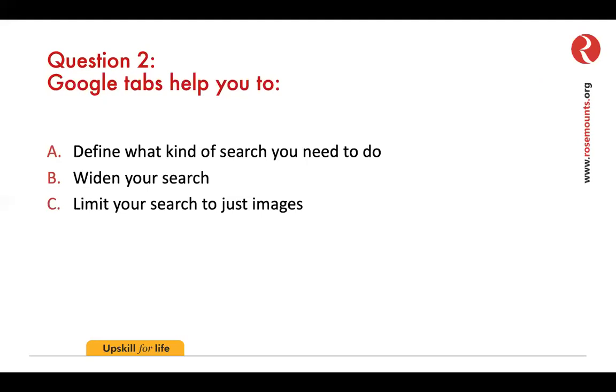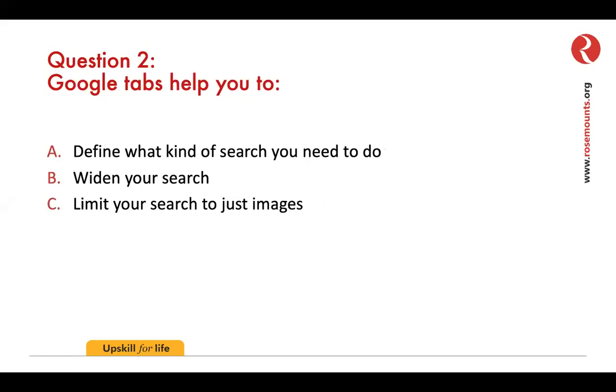A it is. Not widen your search. Why would we want our search to be widened? We would like to narrow it down as much as possible. Please keep yourself muted. So we would like to narrow down our search, and that's the idea here.